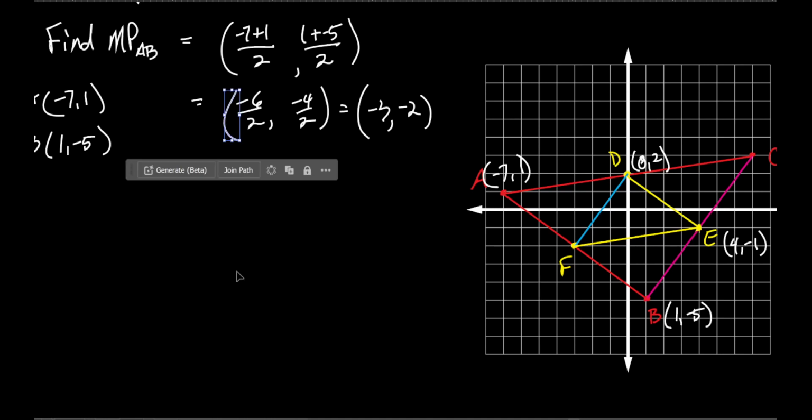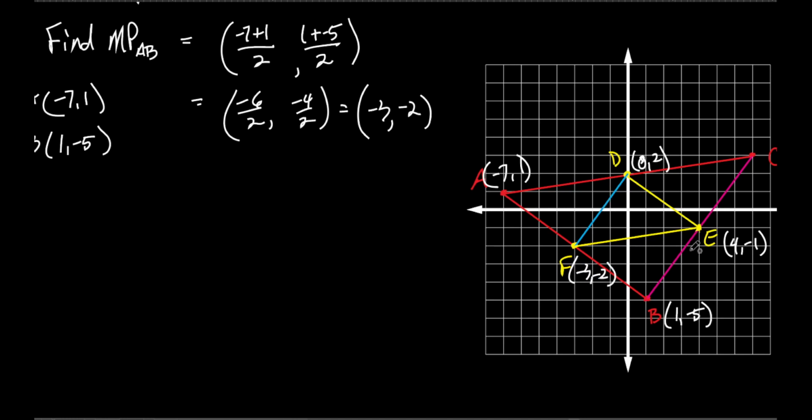What do you think we're going to have to do? I want to show that that's the midsegment. How do I show that FD is one of the midsegments of that triangle? Well, I show that it's parallel to the third side. We already know that, well, actually, yeah, we did. This is negative 3, negative 2. So we know the midpoints, right? How do I know that that's an actual midsegment?